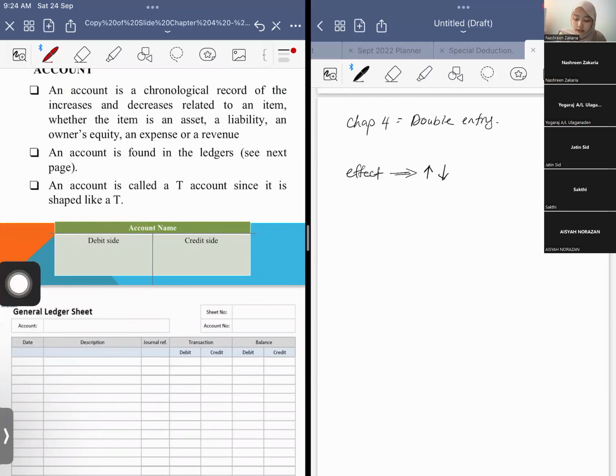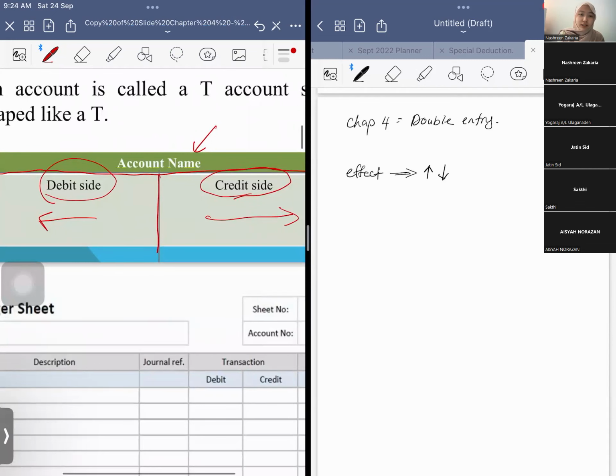So this is a T, when you draw it like this. Up here is the account's name. The left side here is the debit side, and the right side here is the credit side. I'm sure everyone knows this is the nature of T accounts. The left side is what they call the debit side.